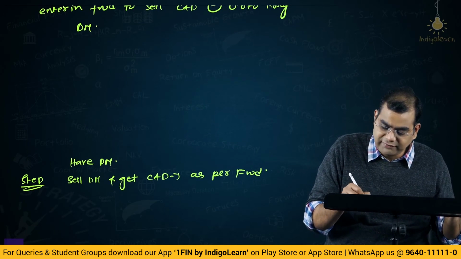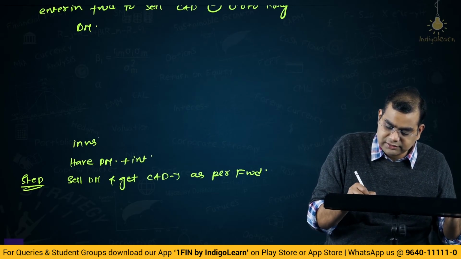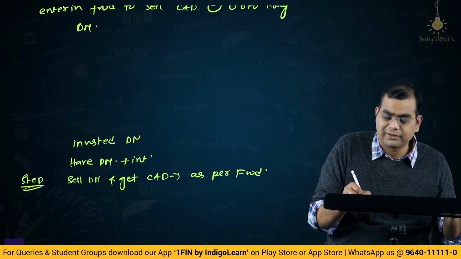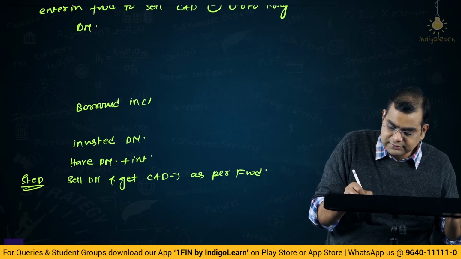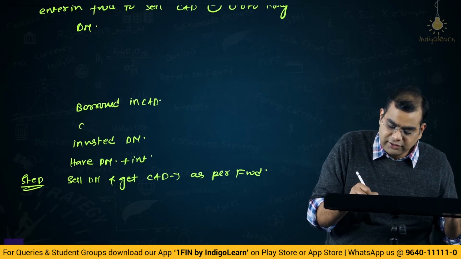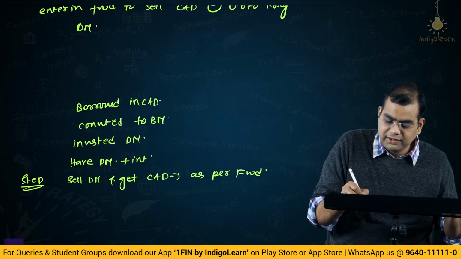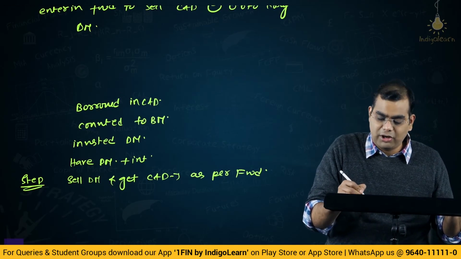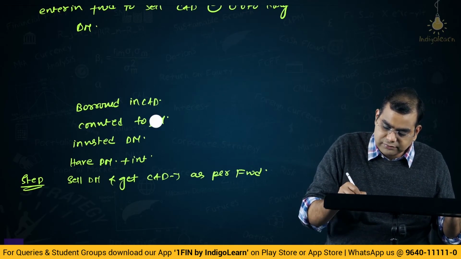If you have DM, you have DM plus interest. So, that is you have invested DM. If you have invested DM, it means you have borrowed in CAD, okay. Then you have converted to DM.